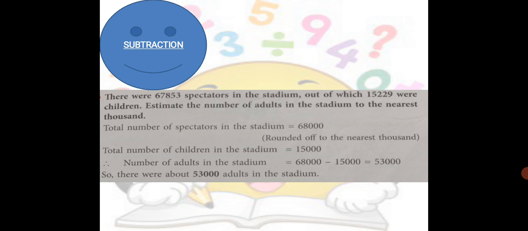Total number of children in the stadium is 15,229. If we round that off, we will get 15,000 only. Why? Because the digit in place of 1000 is 5, and after that, digits are less than 5. So the estimated value will be 15,000 only.